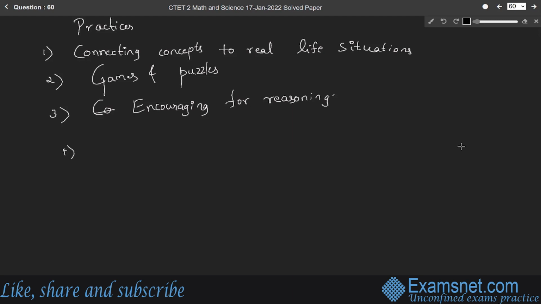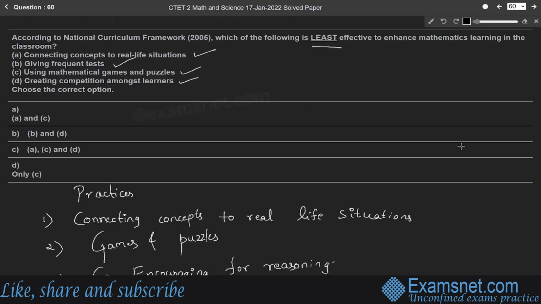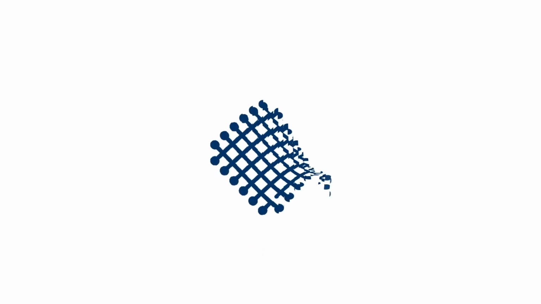Therefore, option B, that is B and D. So B means giving frequent tests and D is creating competition amongst learners. These two are least effective to enhance mathematics learning in the classroom. Therefore, option B is the right answer.